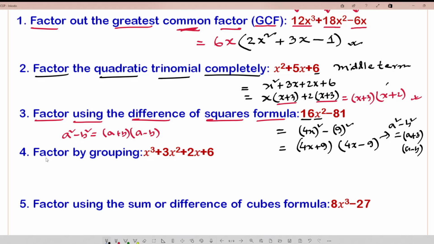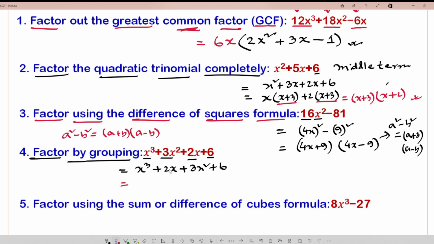Next one is factor by grouping. Look, here is x cube plus 3x square plus 2x plus 6. So we have to group which ones we can take common factor. Like here is x cube, we can write plus 2x, then plus 3x square plus 6.